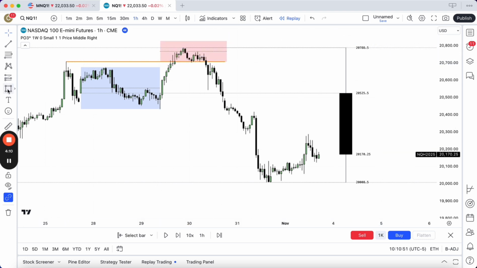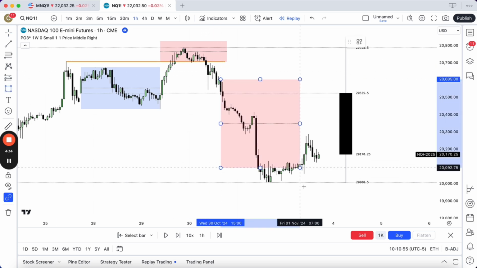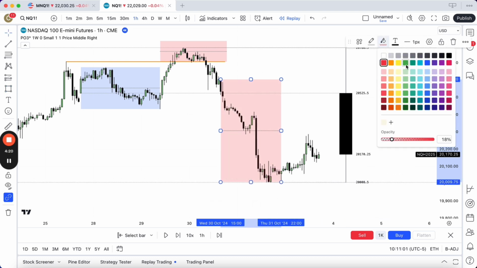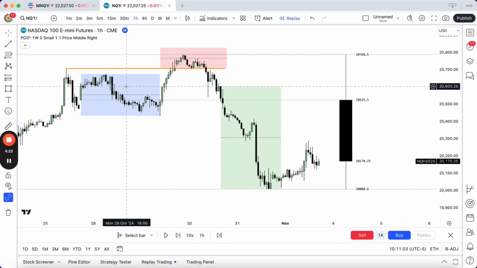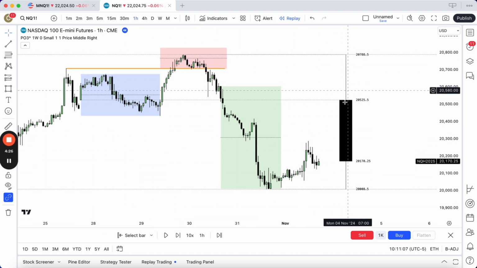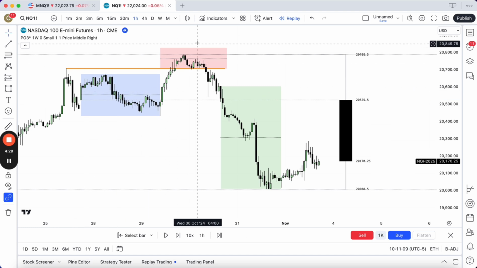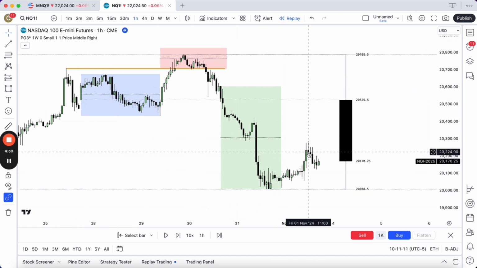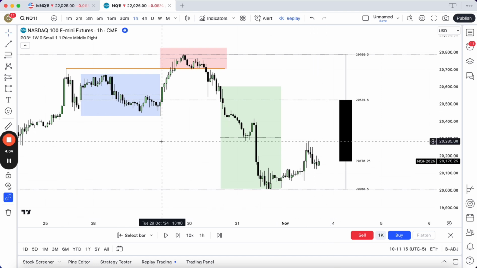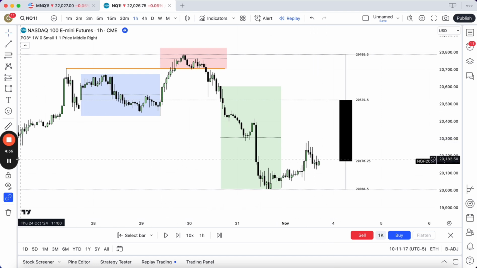And then the distribution. Right? So that's AMD right in front of your face. Right there, accumulation, manipulation, distribution. So this is the weekly candle. Price opens up, puts in a high, puts in a low, and then closes. Open, high, low, close. Okay, now let me show you a bullish scenario.